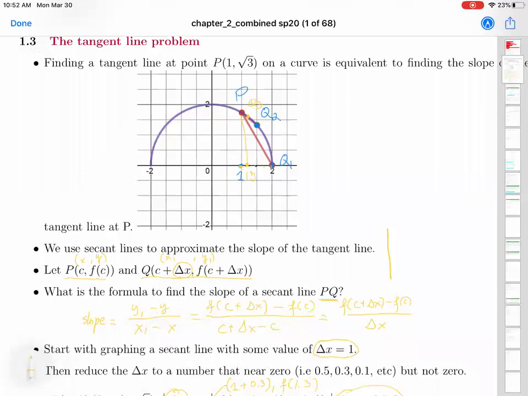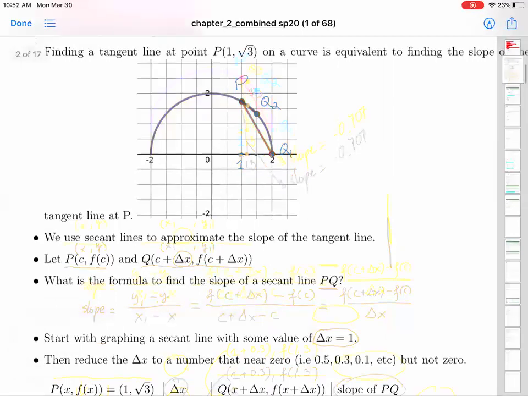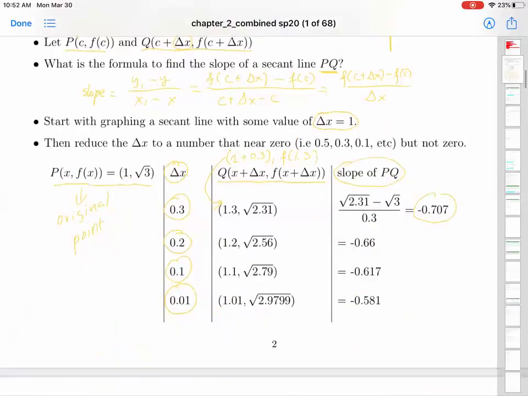Then if delta X is 0.2, the slope of the line is negative 0.66. If delta X is 0.1, the slope is negative 0.617. And if delta X equals 0.01, which is very, very close to 1, then the slope of the secant line PQ is negative 0.581.